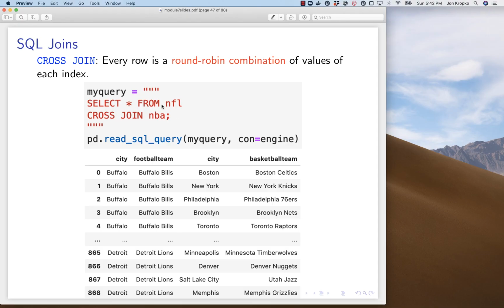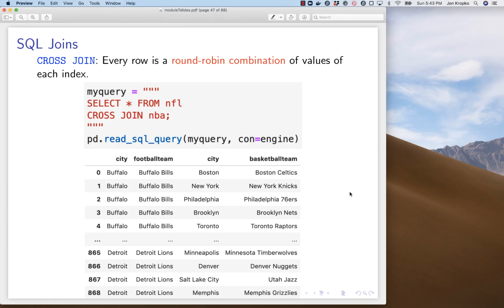So take all the data from NFL, cross-join it to NBA, and this is what we get. The Bills pop up first. So the Bills compared to Boston, the Bills compared to the Knicks, the Bills compared to the 76ers, and it's going to go on and on and on. And then we might have the Cleveland Browns next, the Browns compared to the Celtics, the Browns compared to the Knicks. And that's a cross join.